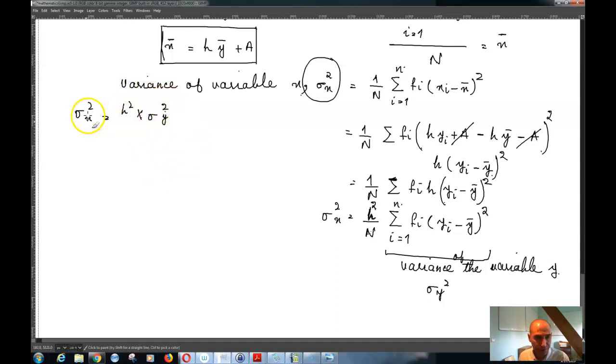And then if I take square roots of both sides of this equation, I get the standard deviation of the variable x is equal to h times the standard deviation of the variable y. I'm sorry, this is not the variance, this is the standard deviation.